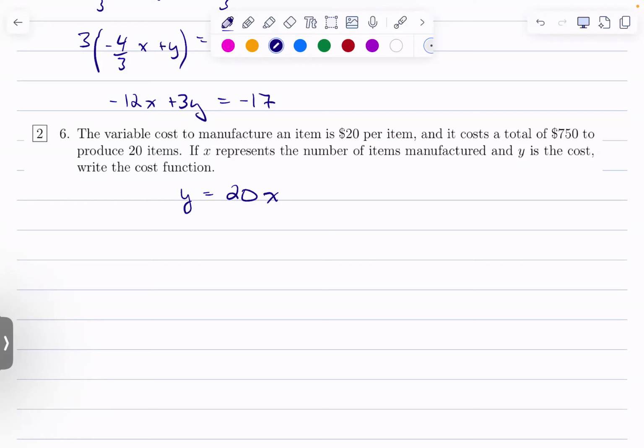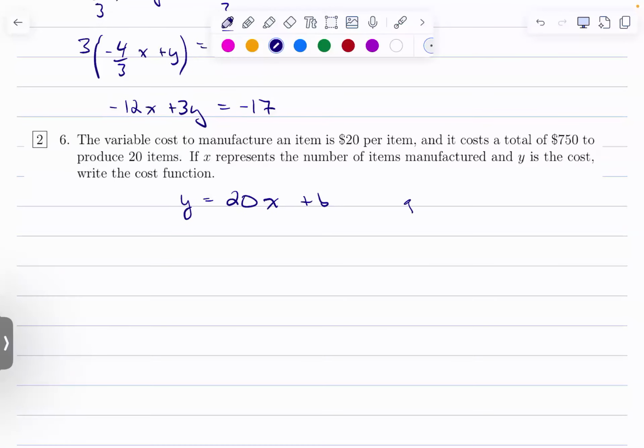And we're not told what the fixed costs are, but we are told plus B, because we are told that the cost, so Y, to produce 20 items is 750, right? And so we're given 20 and 750.